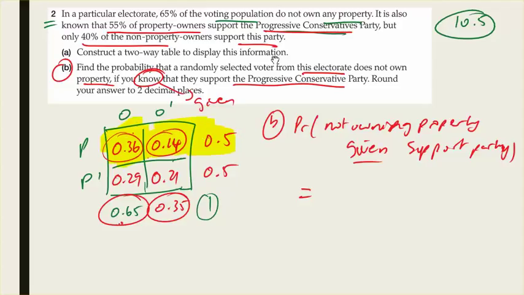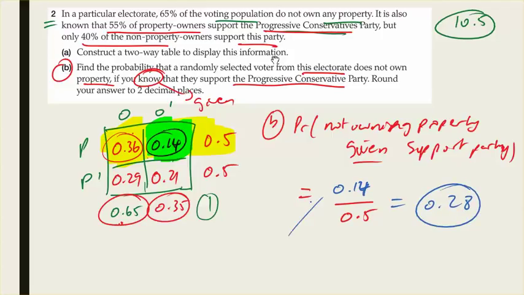Given that they're party supporters, that's our total. Our total for party support is 0.5. Given that they're party supporters, that they don't own property, where's the overlap? Here. So it's 0.14 divided by 0.5, and we can work that on a calculator. So it should be around 0.28.